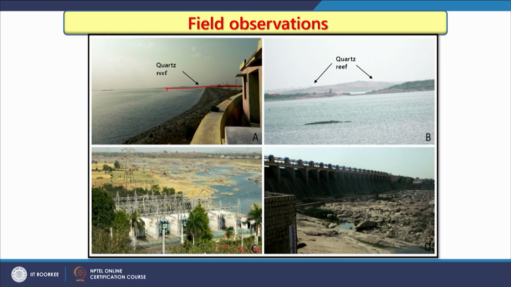Similarly, a quartz reef has been used here to create a dam or water body or groundwater recharge structure, it does not matter. So, quartz reefs can be extensively exploited at places, and even if a stream is perennial and breaching several quartz reefs, we can have cascading groundwater recharge structures at one quartz reef, then again downstream another one, then another one.